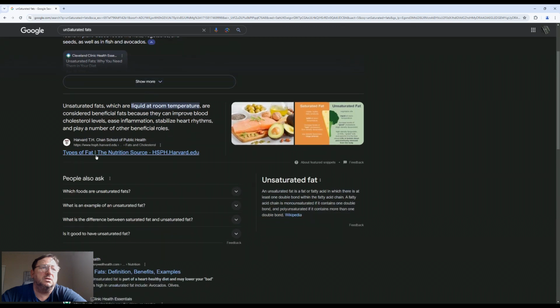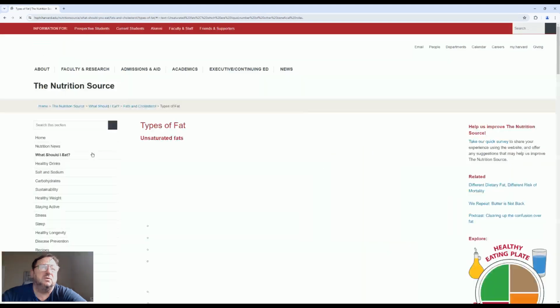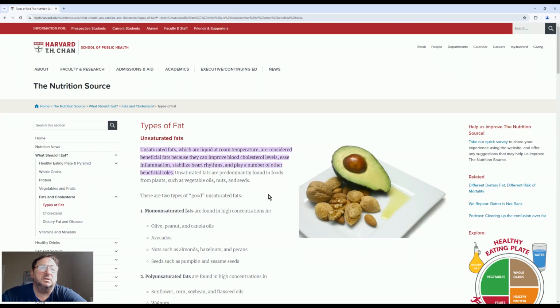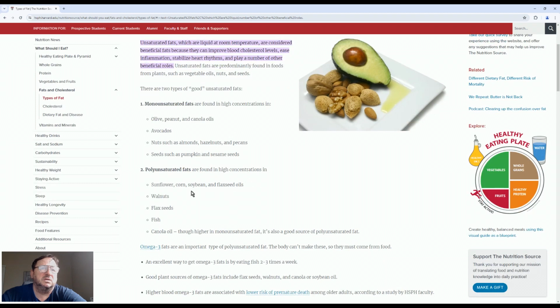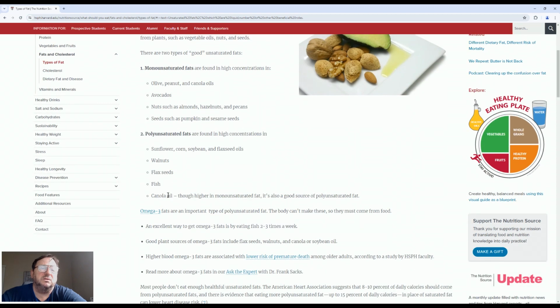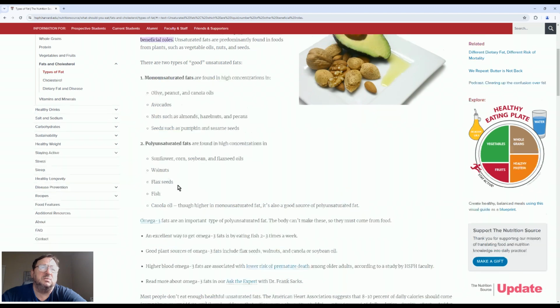Sometimes they give info on saturated fat. Olive, peanut, canola, avocado, almonds, sesame seed, sunflower, walnuts, canola oil. When you see those vegetable oils, they're actually good. They have certain vitamins.